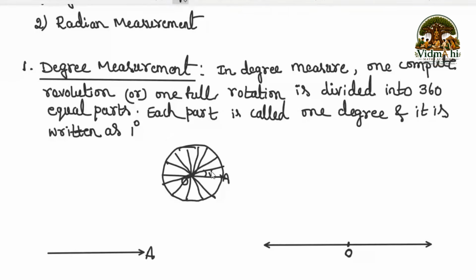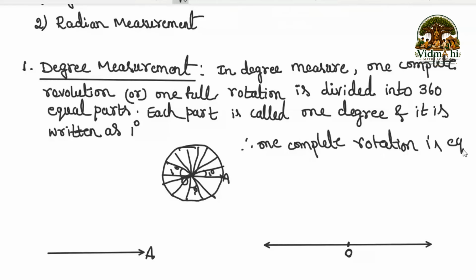So observe here, this is 1 degree and this is also 1 degree, and this is also 1 degree. So each part is 1 degree and it is written as 1 with a small zero power, that is 1 degree. Therefore, one complete rotation is equal to 360 degree.